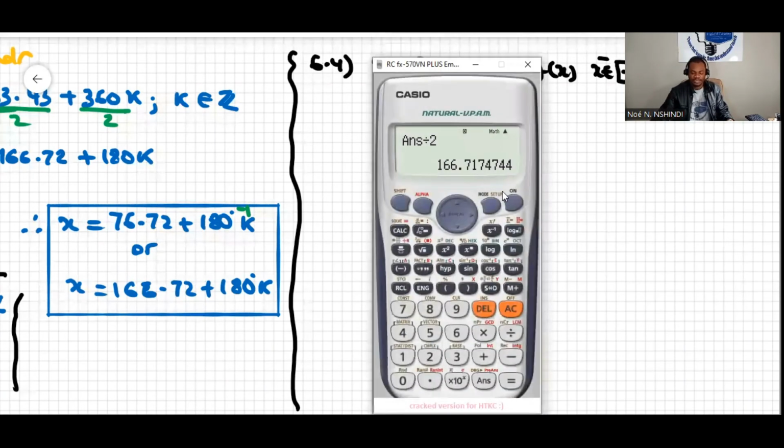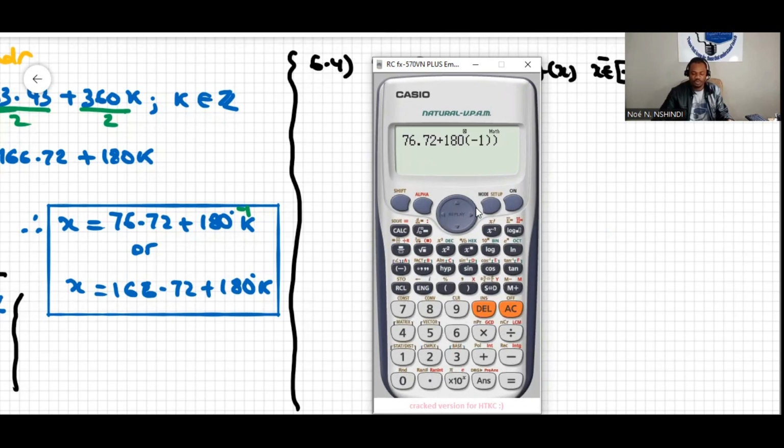Let's check in the calculator. If we do, for instance, 76.72 plus 180 times -1, and then this will be equal to, oops, sorry, let's correct.